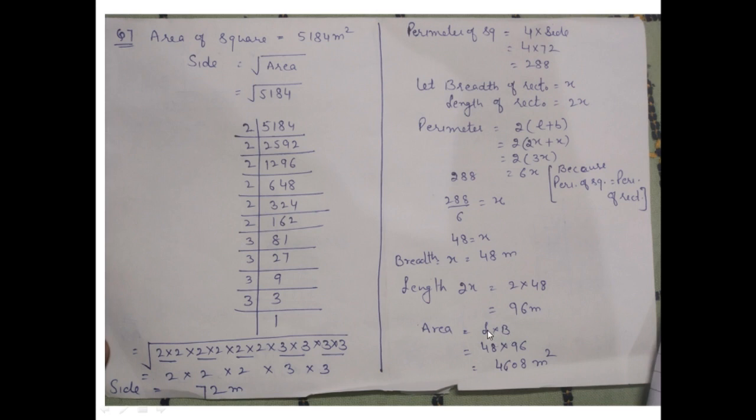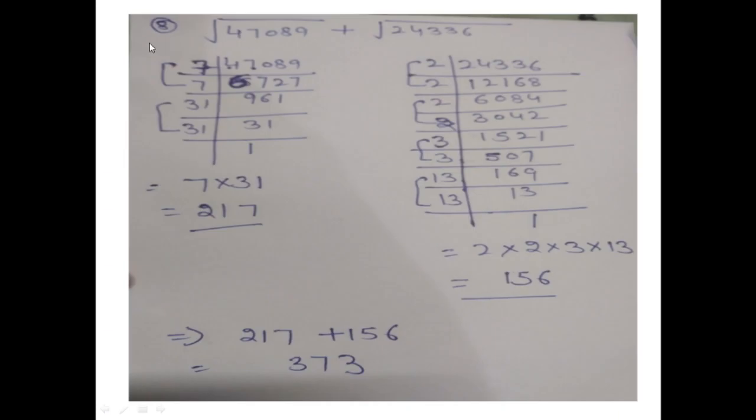The value of length is this 96 and breadth is 48. When you multiply these two numbers, you will get this answer, 4608 meter square.